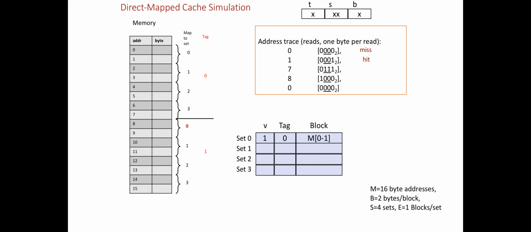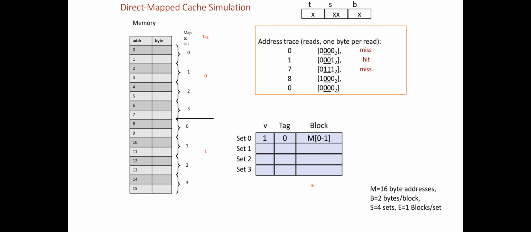Well, that corresponds to set 3, tag 0, and offset 1. This is the 0th and this is the 1 byte of that data. And so of course, since it maps to set 3 down here, that is not in cache, and so that'll be a miss.